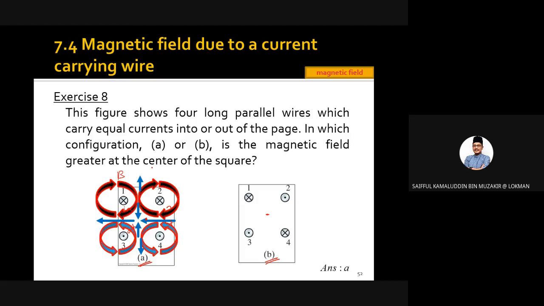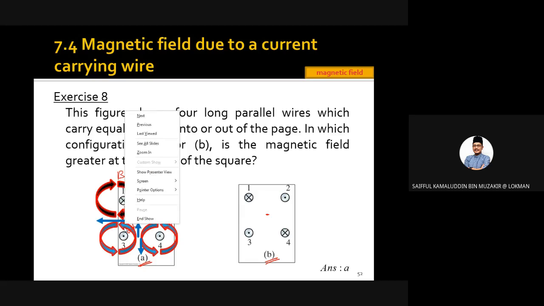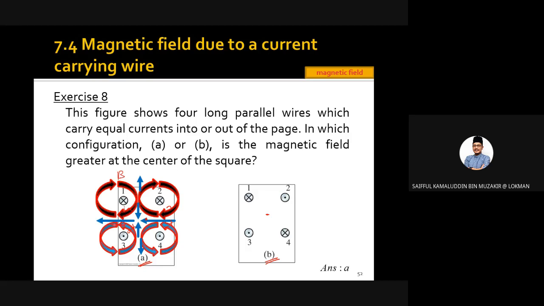They are going that-ward. See? This magnetic field going that-ward. This magnetic field going that way. Therefore, cumulatively, we will have B in that direction. How about this one? This B is facing that-ward. This B is facing that-ward. Therefore, this is our cumulative.